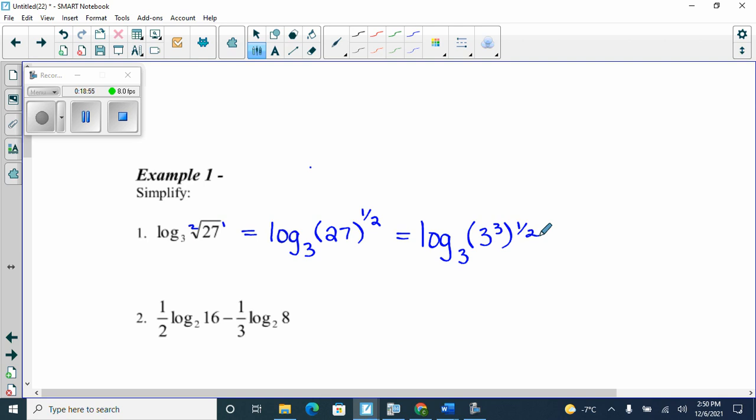What do I do when I have an exponent and another exponent separated by a little bracket? Multiplication. So I get log base 3 of 3 to the 3 halves. What's my answer? Yeah, 1.5 or 3 halves.